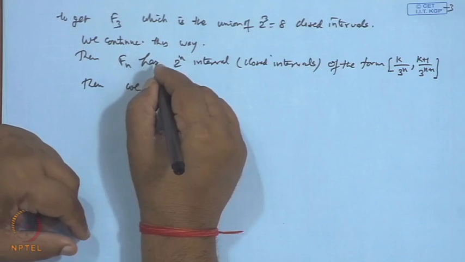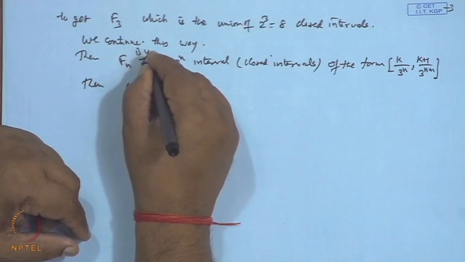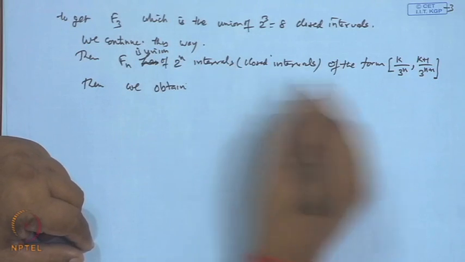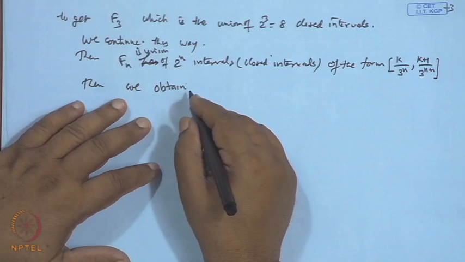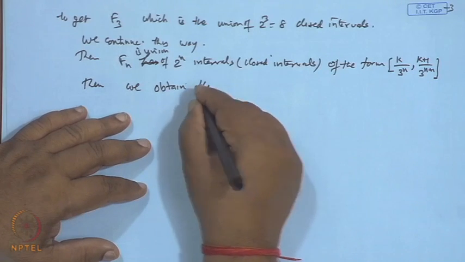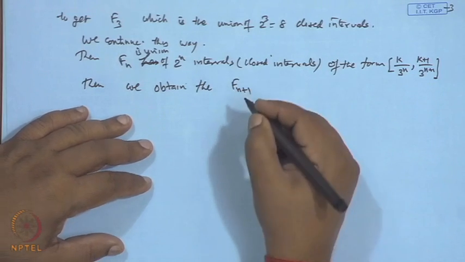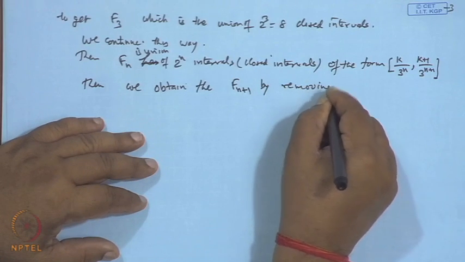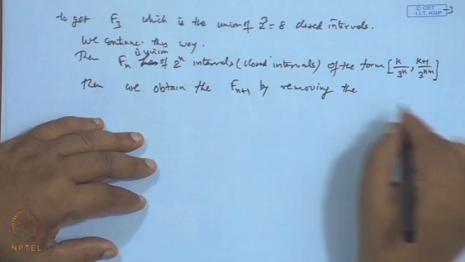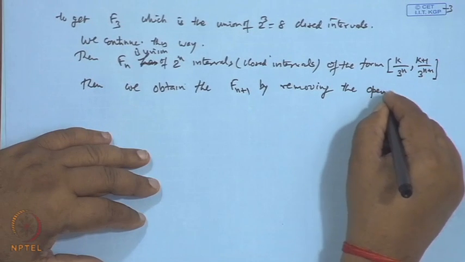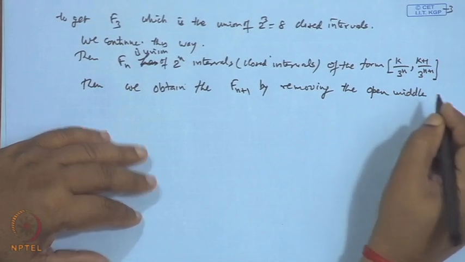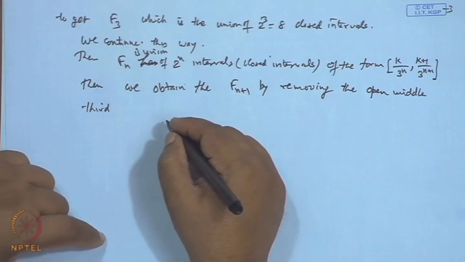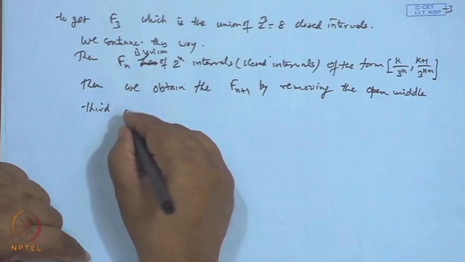Then F n is the union of 2 to the power n intervals of this form. Then we obtain the set F n plus 1 by removing the open middle third of each of these intervals.